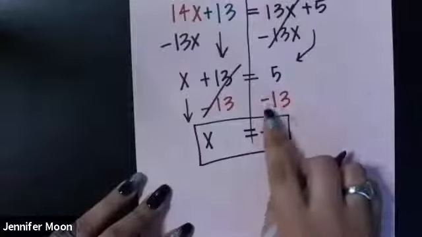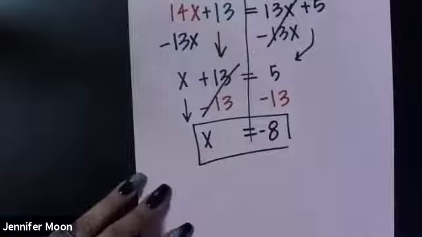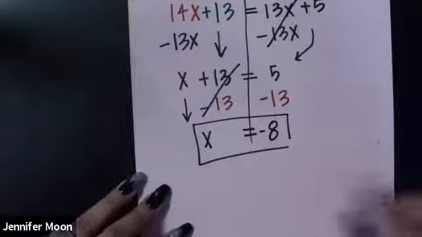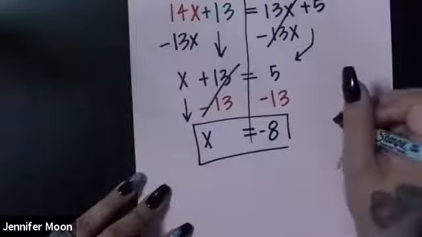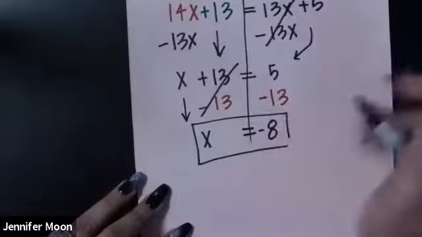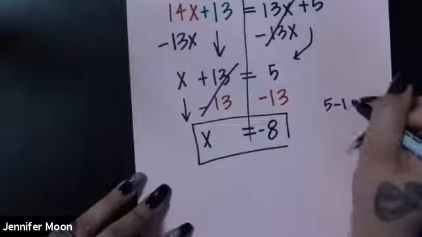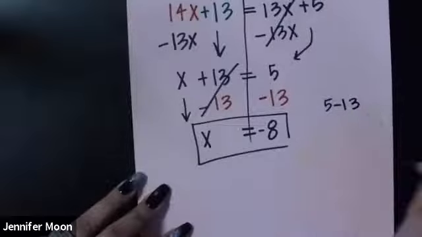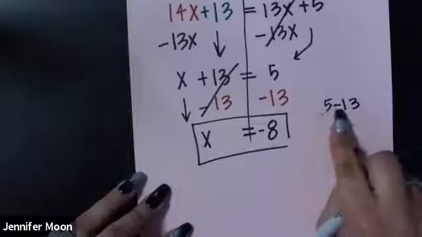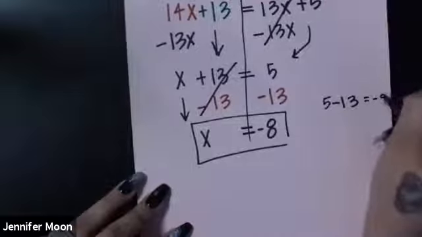Just make sure, y'all, when you do this, you don't do 5 and then the little negative sign on the bottom, because even though it is a negative 13, it would just be written like this. Your calculator needs it to be written as 5 minus 13, and it'll tell you negative 8.